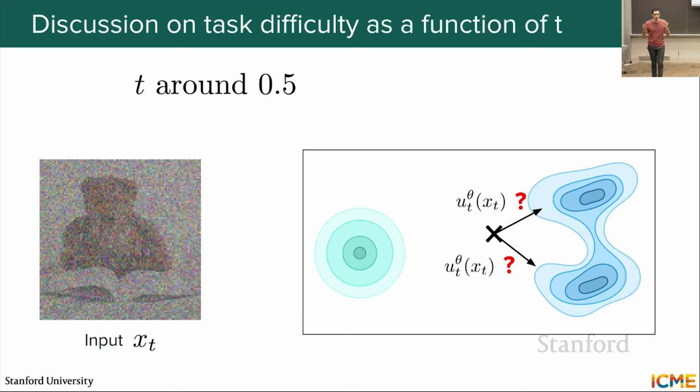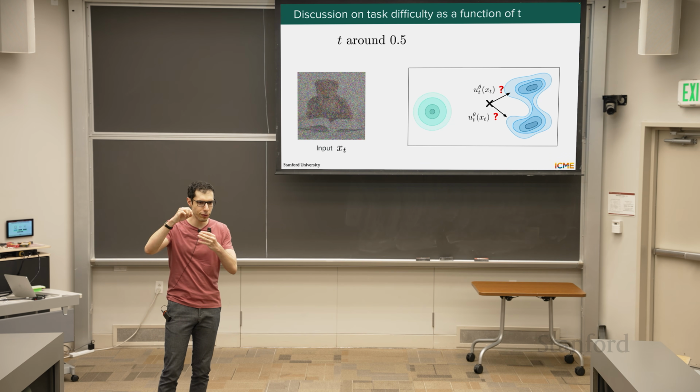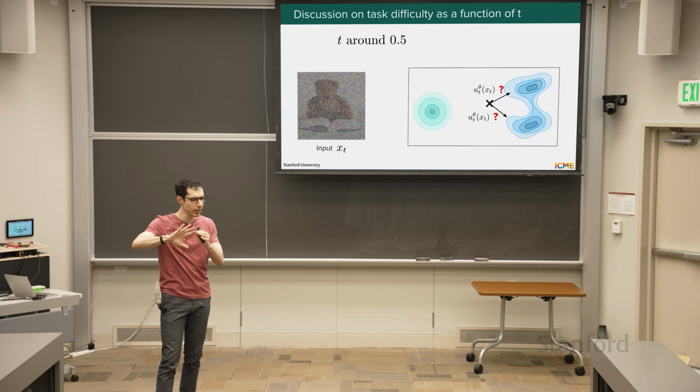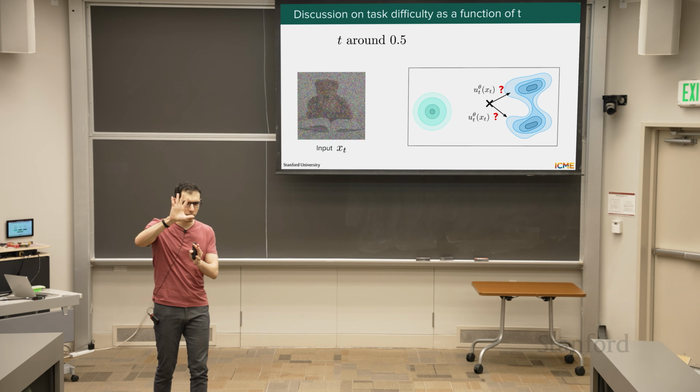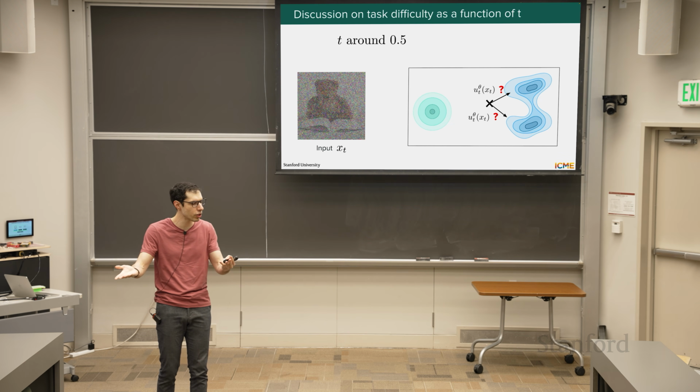But even thinking about it from an intuitive perspective, let's assume that your target distribution is composed of images of teddy bears. If you're in the middle, then it means that you know roughly what the body is like, what the head is like, you know a little bit where the arms are, but there's a lot of things that you need to figure out about where to place.